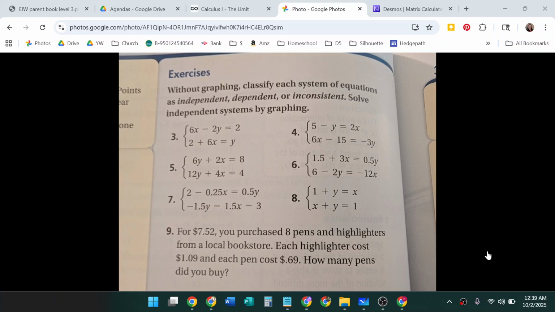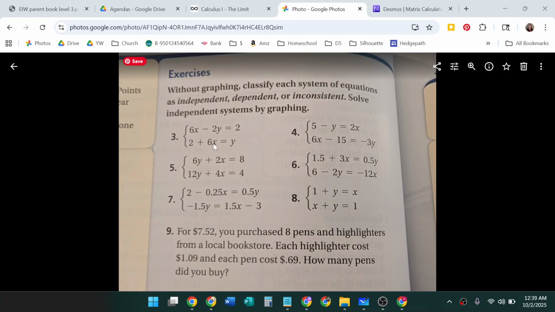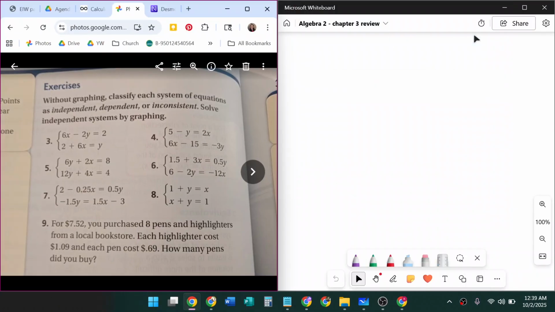If you look at the first one, number 3, we could rearrange this to put the 6x right here. If we moved this y over, it'd be 6x minus y equals 2. You could also rearrange it slightly differently so the 6x's were by themselves. In fact, I probably should use the actual whiteboard to work on this.